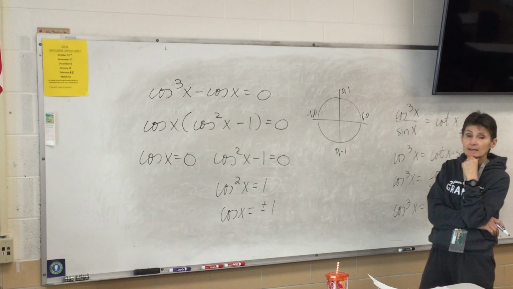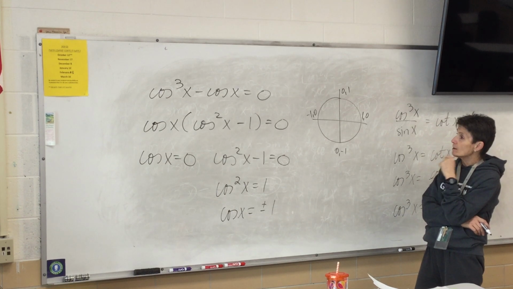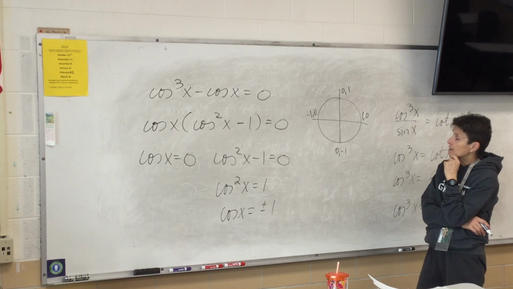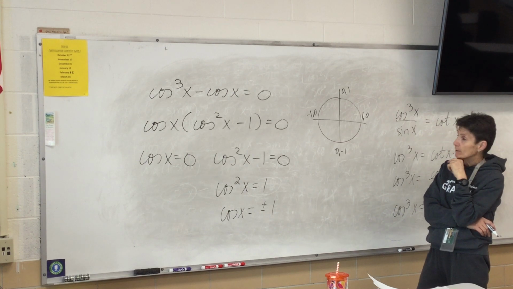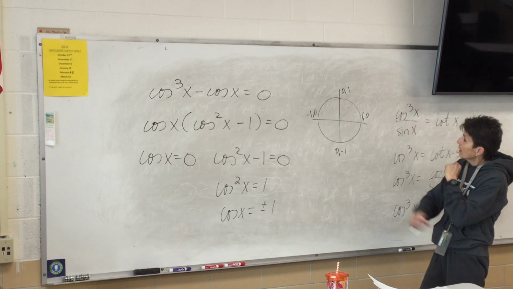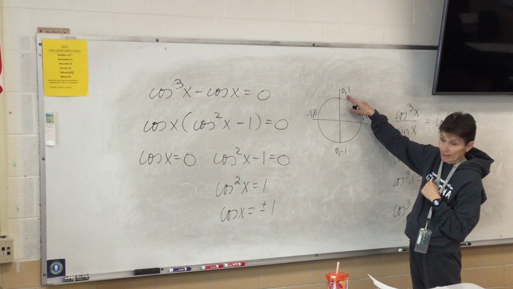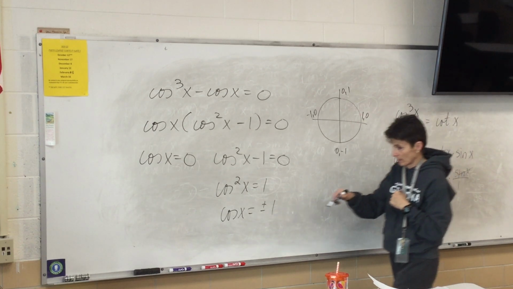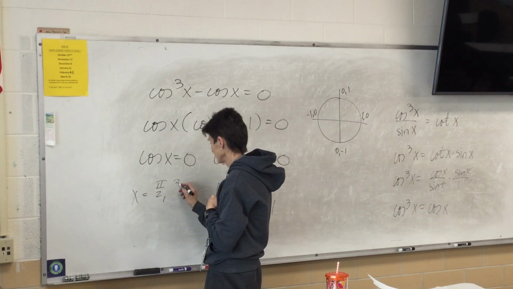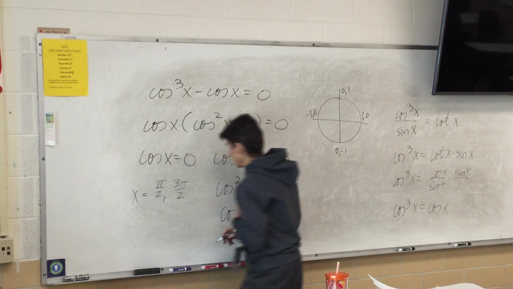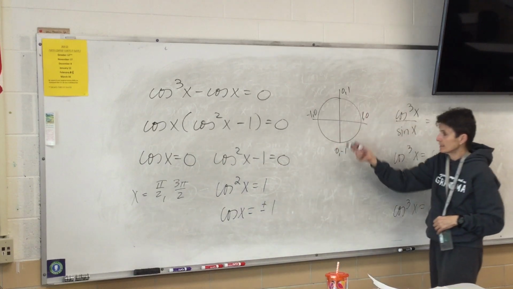So cosine is x on the unit circle. Where is the cosine 0? Where is the cosine 0? Looks like pi over 2 and 3 pi over 2. 90 and 270 degrees.